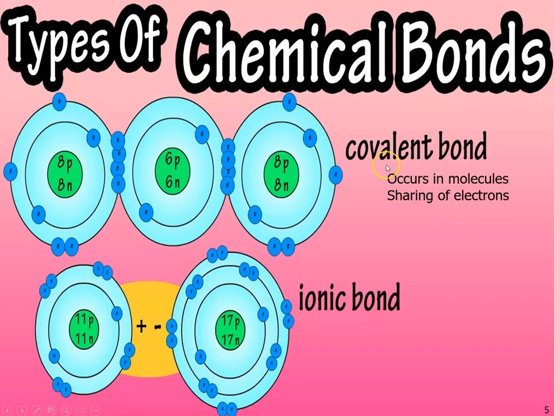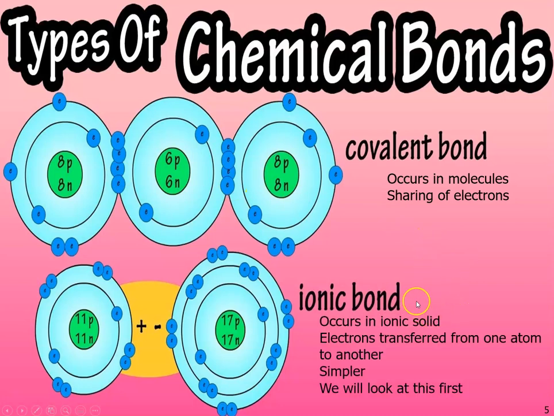So we'll have this covalent bonds occurs in molecules, and it involves the sharing of electrons between different nuclear centers.